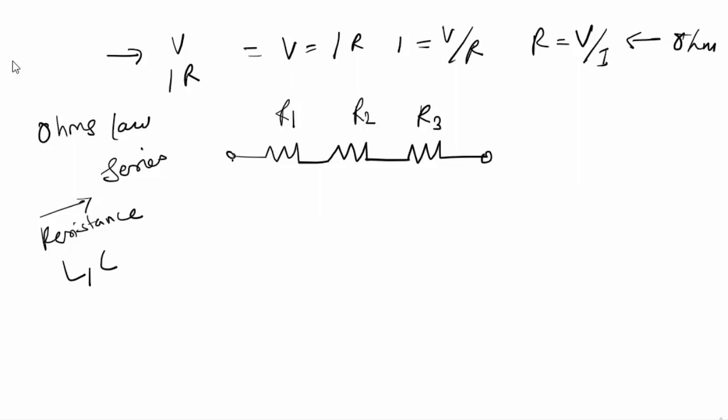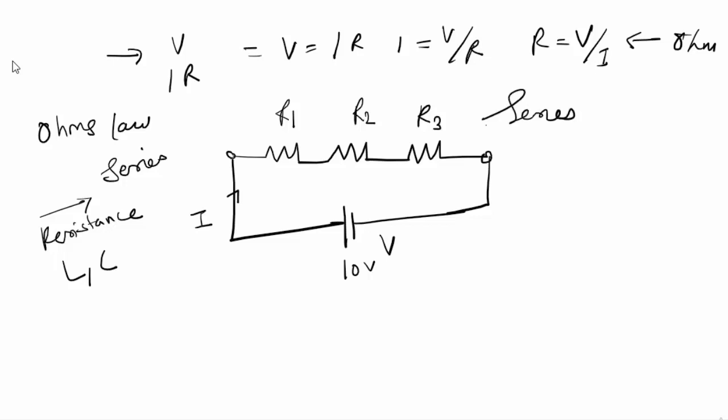So I am connecting this full circuit to a source, which is a DC source, and this is a 10-volt battery, just for taking an example. In any case, this is a source, and current will flow, which is I. When I am talking about the series circuit, what I find is that the current flowing through all the resistances or elements will be the same.